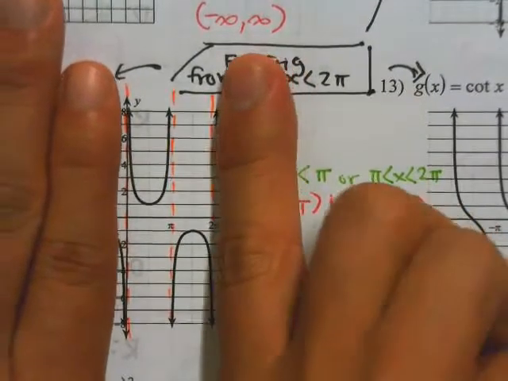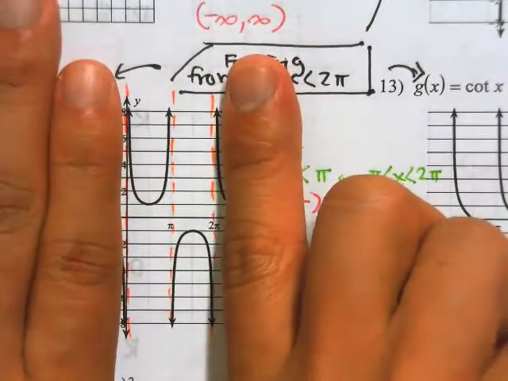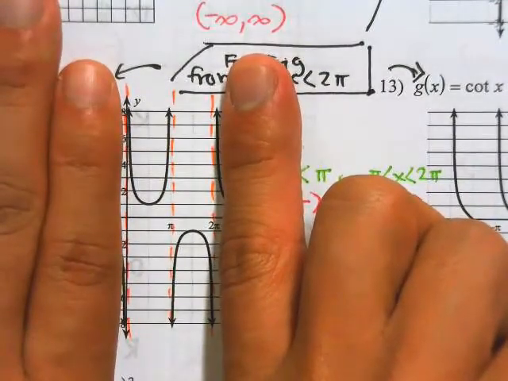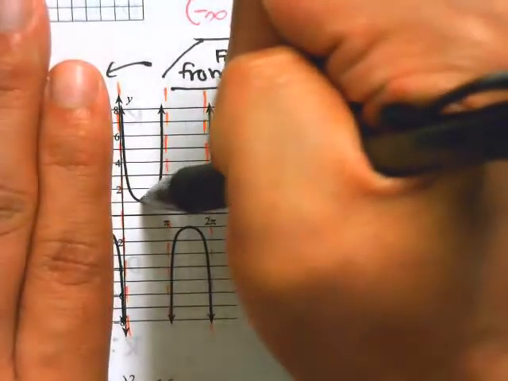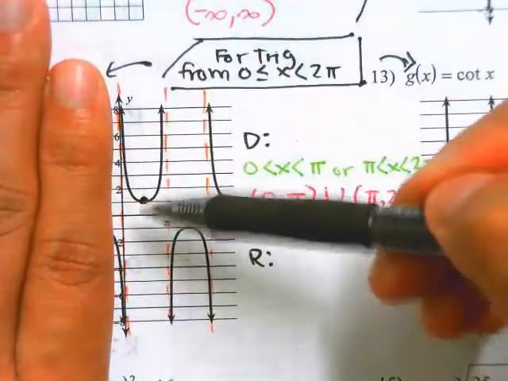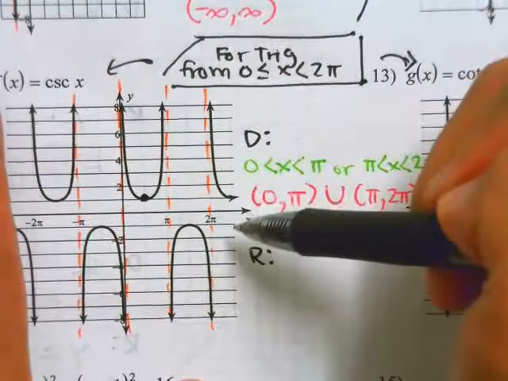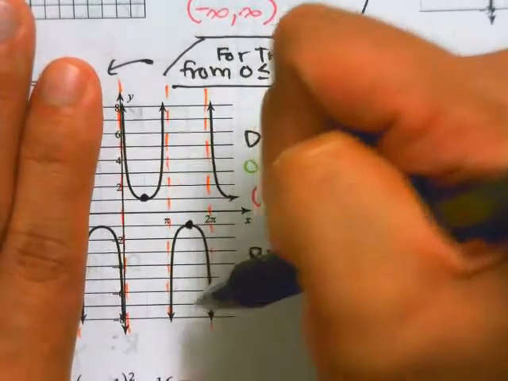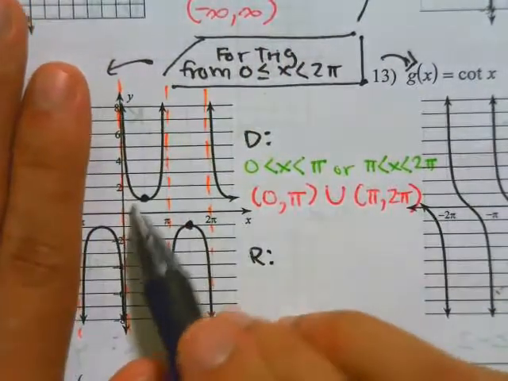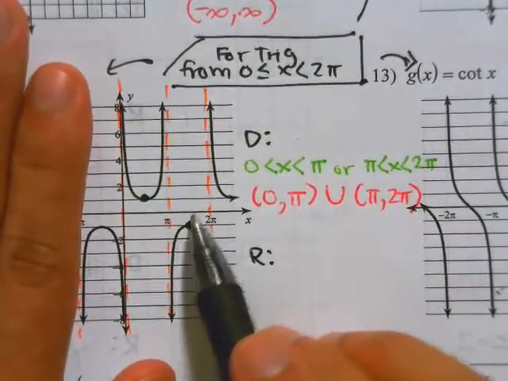Okay. Now let's take a look at your range. Again, tunnel vision, we're only looking in between these two. It looks like there are a couple starting points over here. So if you take a look at this part here, this is y equals 1, and everything is above that, and that's okay. And over here, this looks like y equals -1, and everything is below that. And there's no pieces of y values in between.